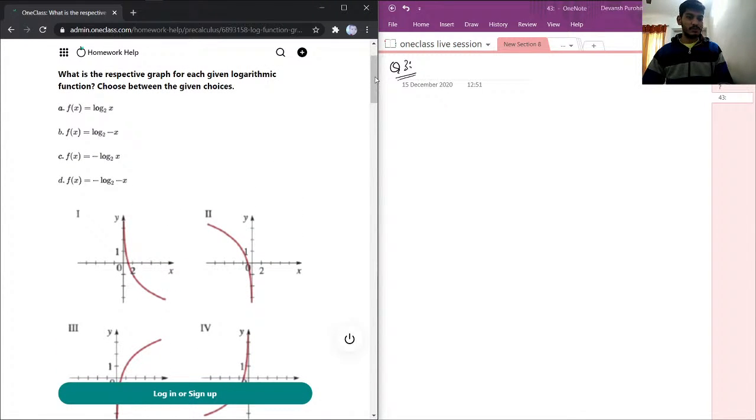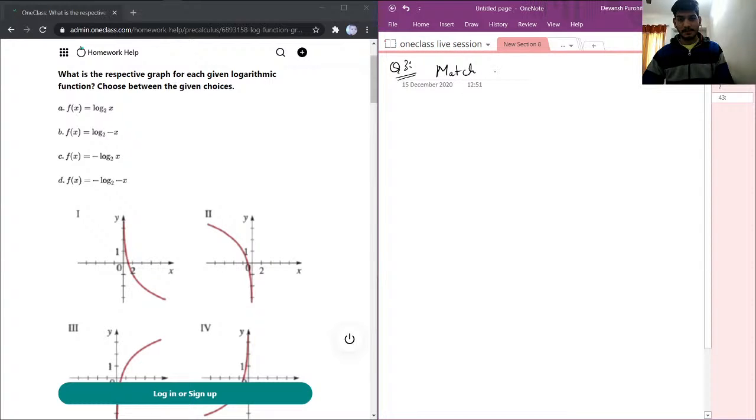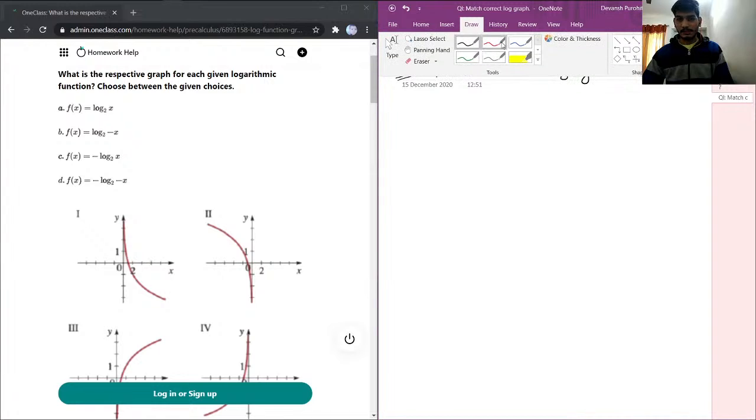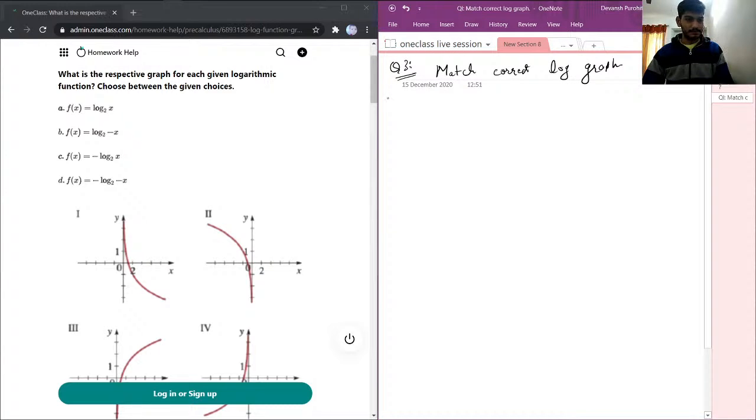So we need to just match the correct choice with the correct graph. I'll just write this as match correct. Now first we'll start with A.